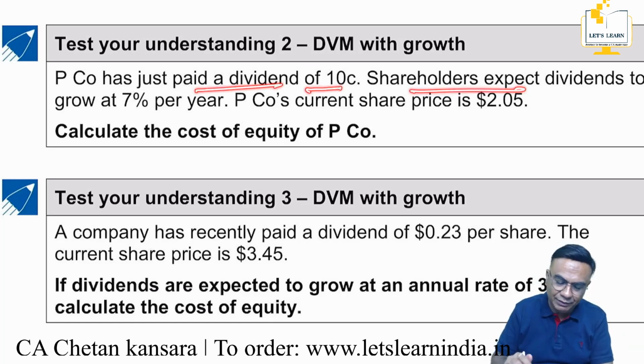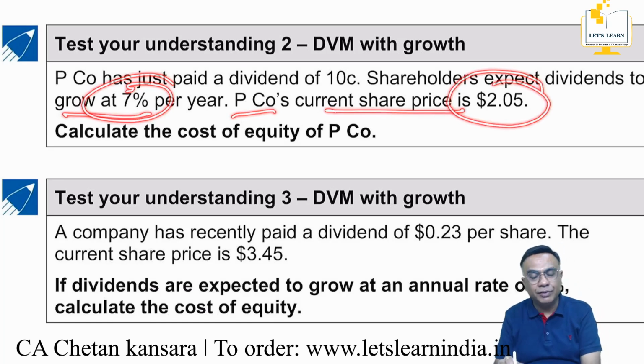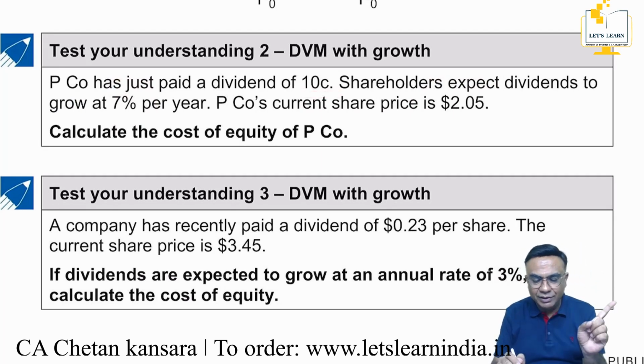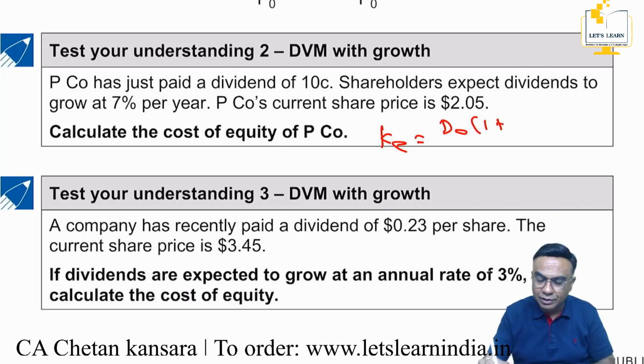Shareholders expect dividend to grow at 7% per year. P company's current share price is $2.05. It has just paid a dividend of 10 cents. So what do we want? Last dividend was 10 cents. So if I am writing the formula KE equals D0, I have to write D1. So I need to add the growth rate.